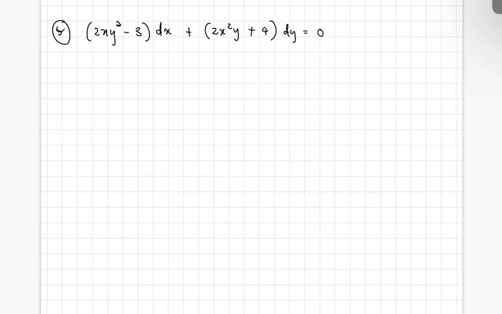So let's mark this M and this one N. Our function M is 2xy squared minus 3, and function N is 2x squared y plus 4.